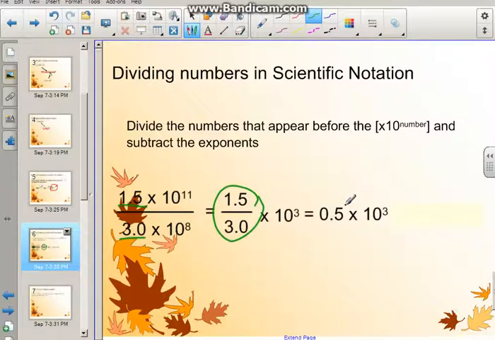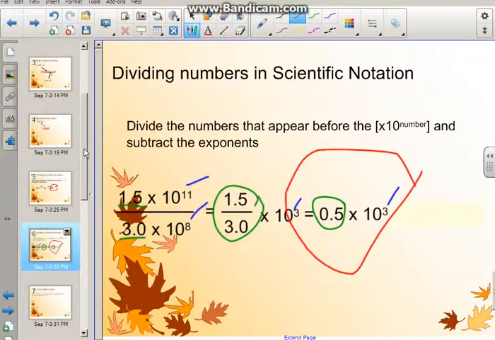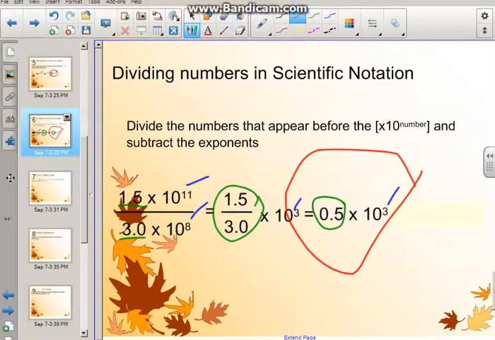And when you do 1.5 divided by 3.0 in your calculator, you get 0.5. Now with the exponents, we want to subtract them. So I have 11 minus 8, which is 3. So our final answer here is 0.5 times 10 to the 3. This is much easier than trying to keep track of all of the digits and powers and putting it into your calculator.